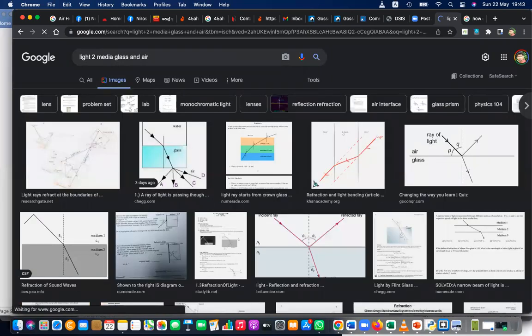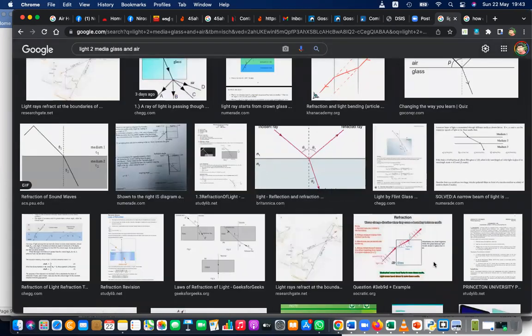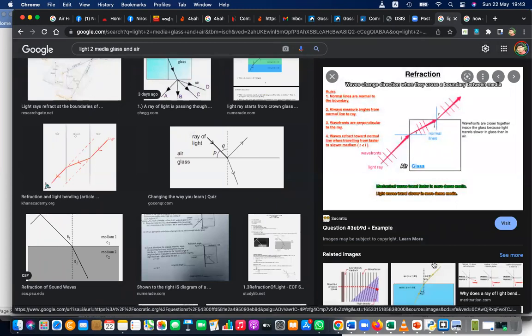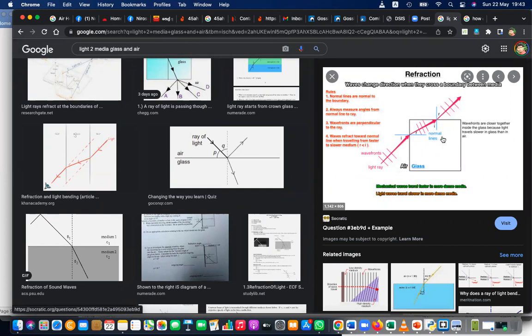When it travels through a different medium, the light bends. That is called refraction. It's not reflection, it's called refraction. Because light is slower in a high density medium, when it goes from low density air to glass, it will slow down. As a result, it will bend.